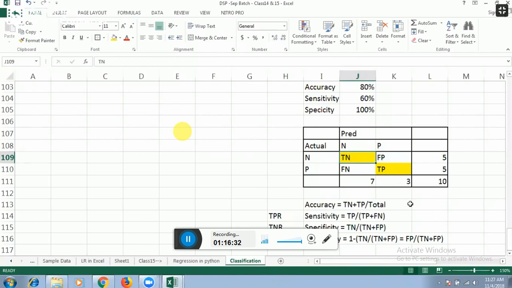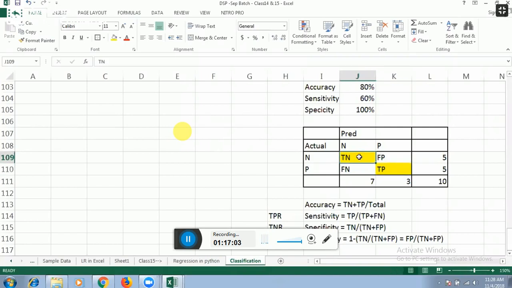But sometimes, suppose 7,000 customers belong to positives and only 2,000, 3,000 belong to negatives, then the positive and negative rates can differ from accuracy. But at the end of the day, what I'm saying is you should have low proportions in the cells other than the diagonals. The false positives and false negatives should be low, which is the same as the true positives and true negatives being high.